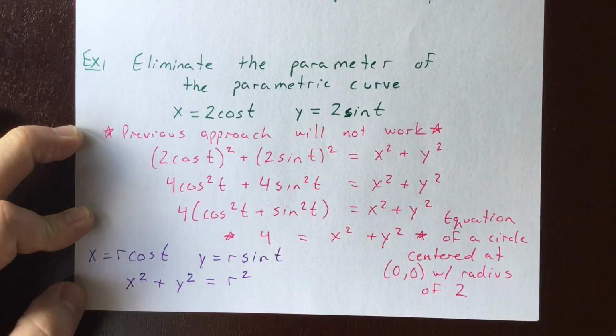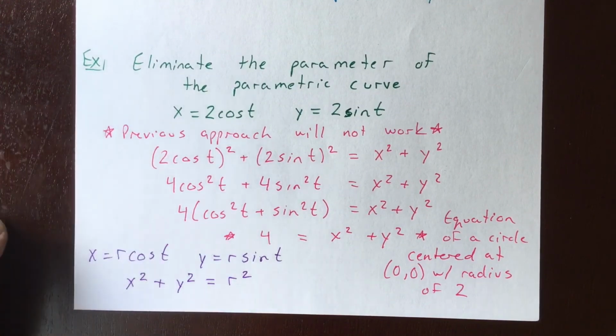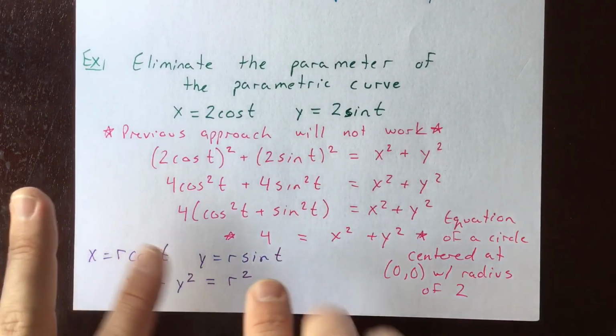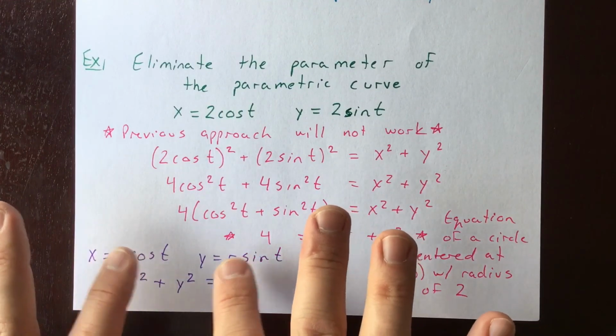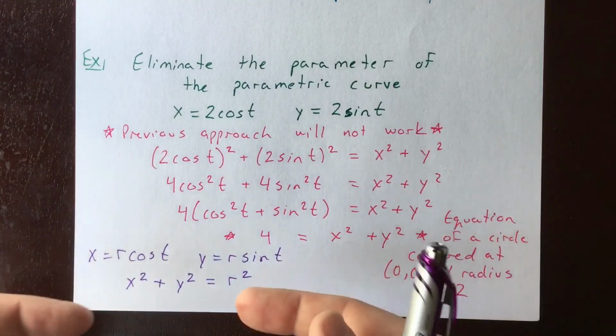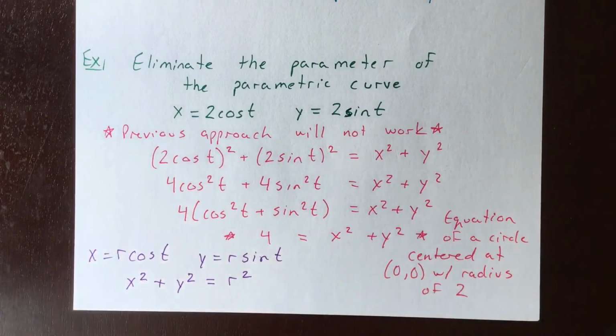Actually, no, that is true. So equals r squared. Yeah, so as long as there's no other addition or subtraction within these components, what we have will yield a circle with this format.